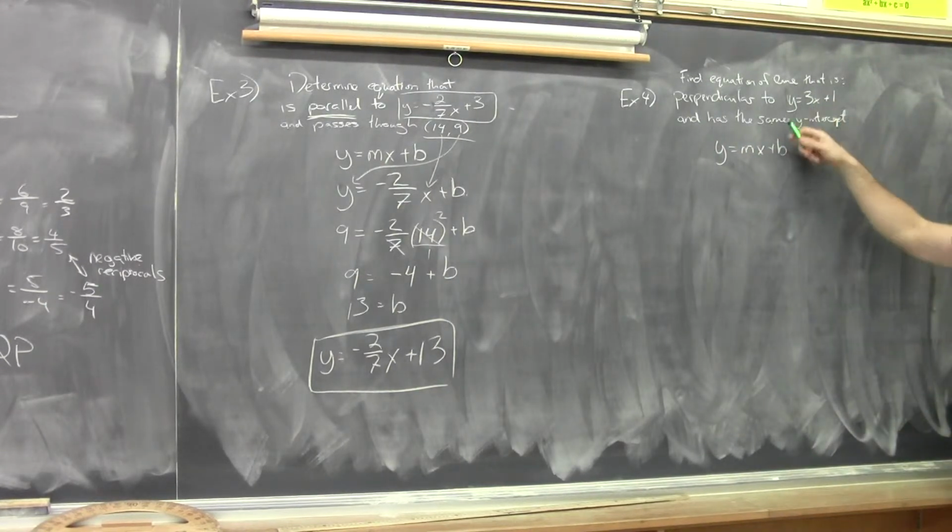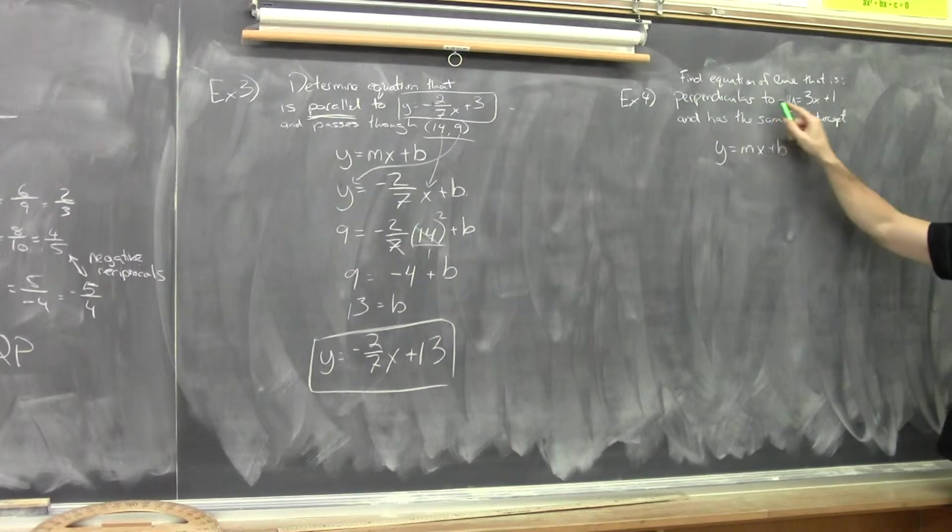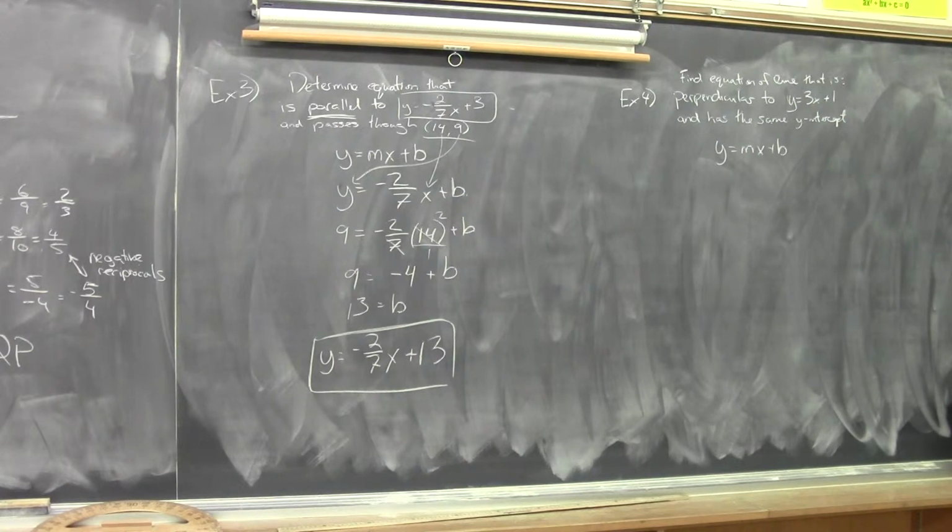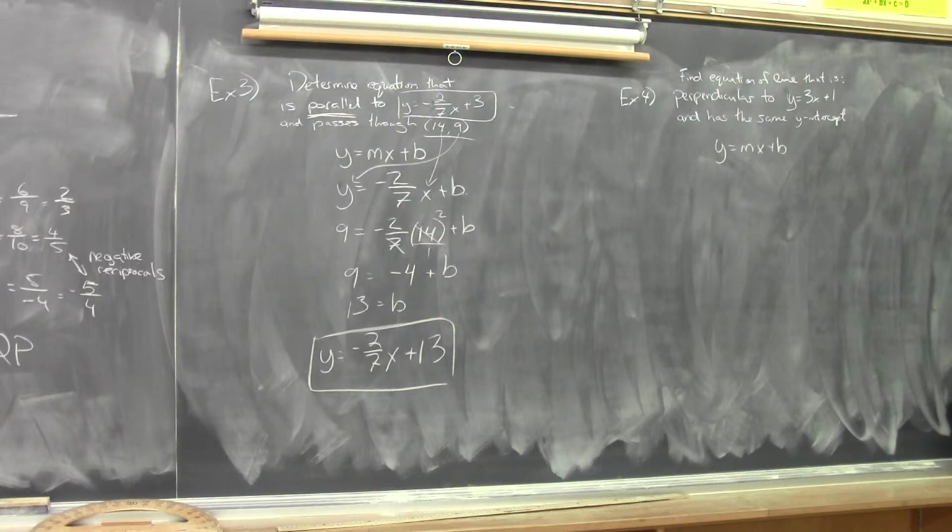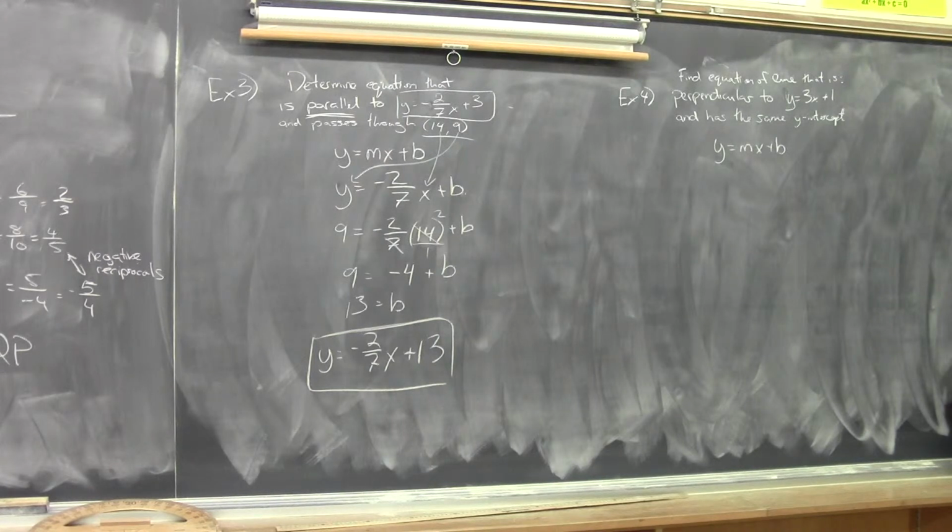So we want to find the equation of the line that's perpendicular to this. So what's the slope of our new line going to be, if that's the slope of our old line? Negative 1 over 3. Right, it's perpendicular.